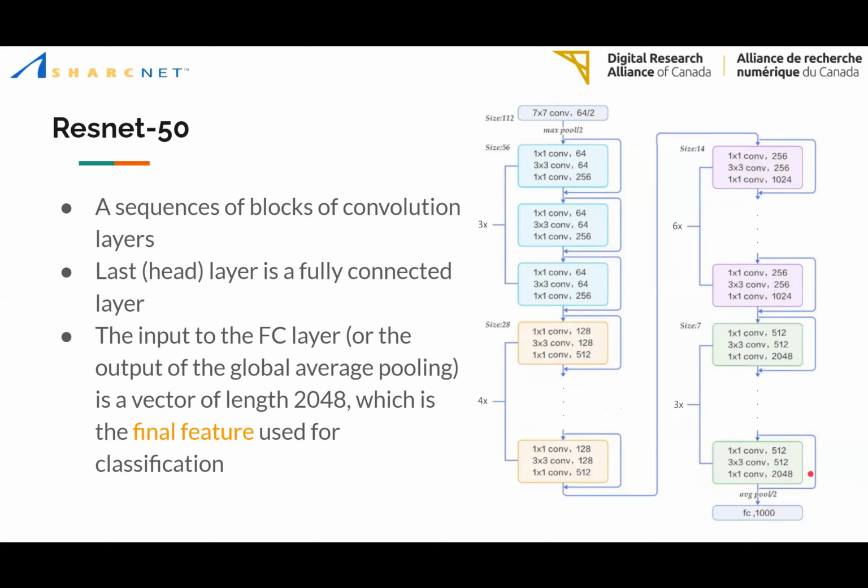Lastly, you can see at the end of the convolutional layers, we use a global average pooling to get a vector of size 2048. We pass a vector of such a length into a fully connected layer to generate the 1000 classifications, because ResNet 50 is used to classify ImageNet, which has 1000 classes. And so this is the structure.